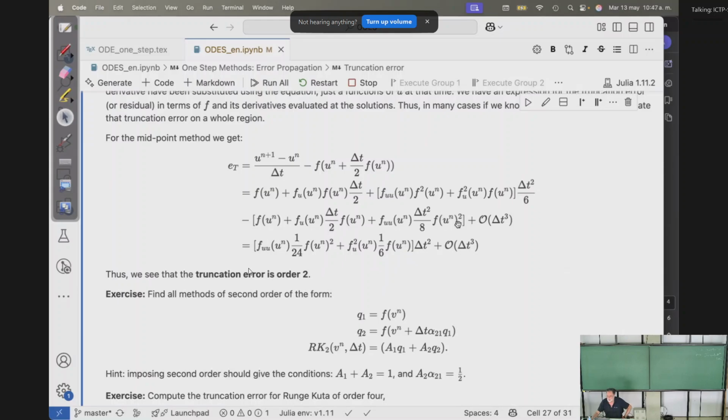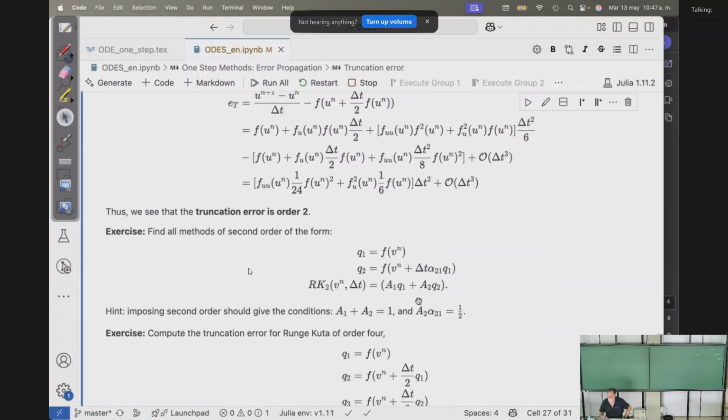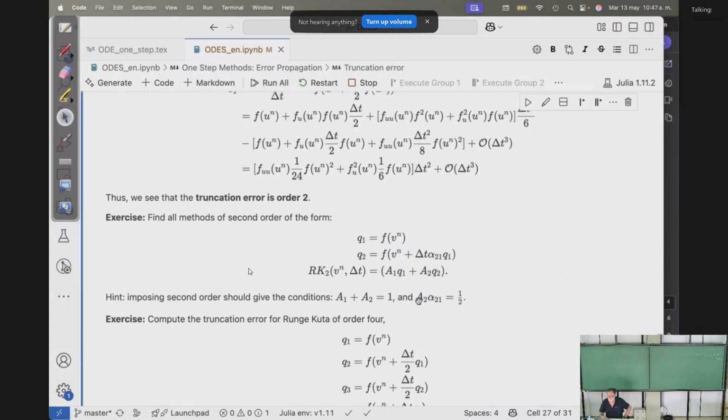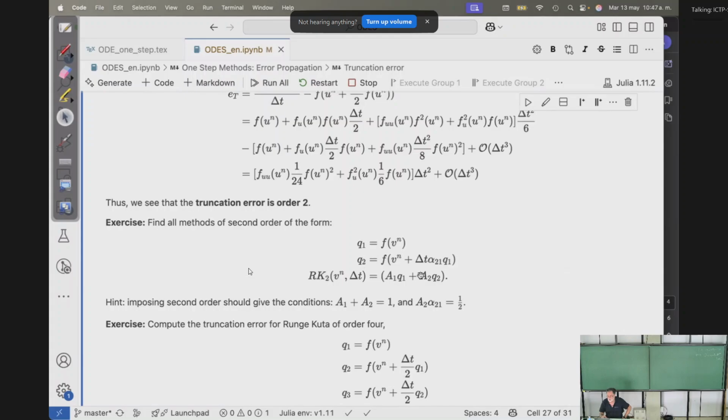You have this other term here, delta t squared, and all the delta t goes away, and you get a term like delta t squared. So the truncation order for this method is second order, and this is the expression for the leading order of the error. And you can check that all this is the same as what we had before, the one-parameter family of second order methods.